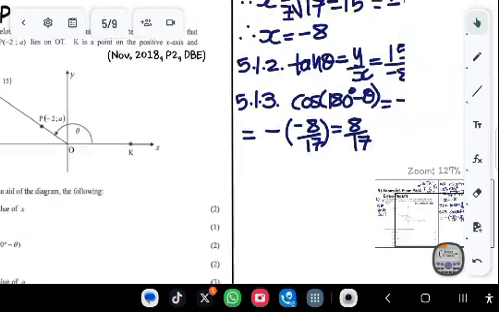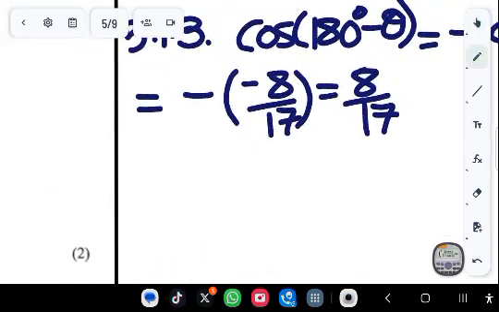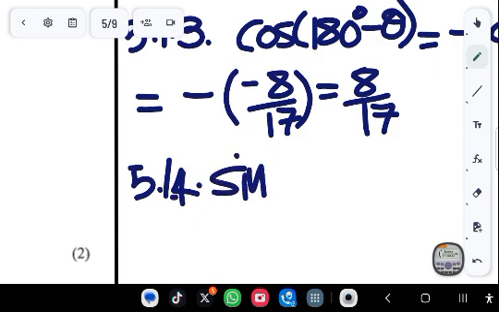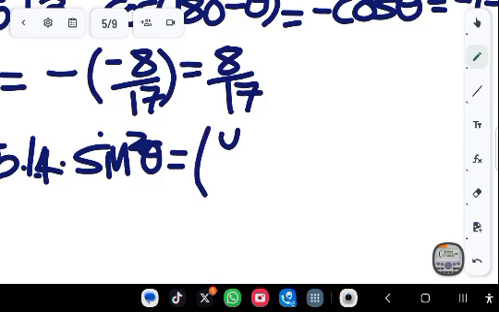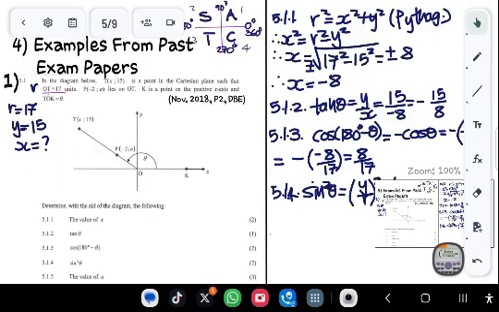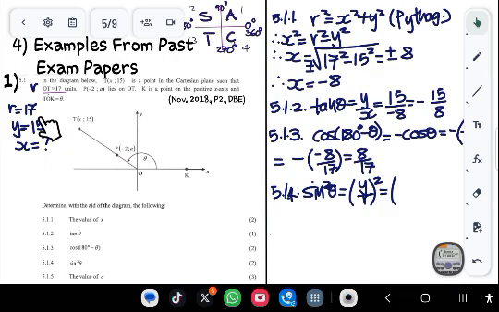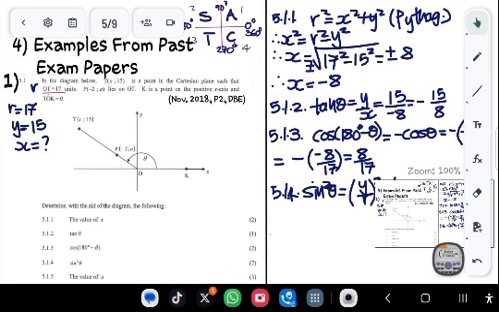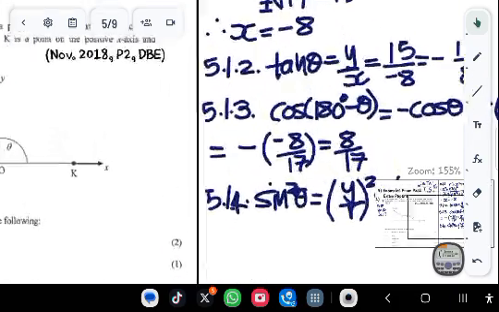Now let's find sine squared theta. Sine squared theta is simply equal to y over r all squared. Now our y is 15 and our r is 17.